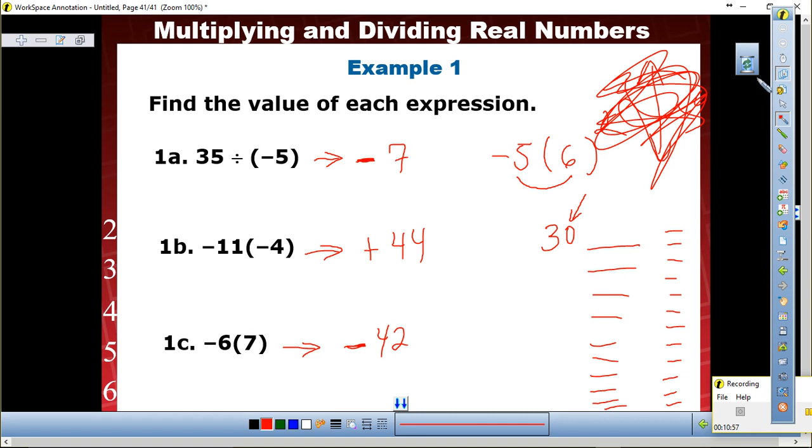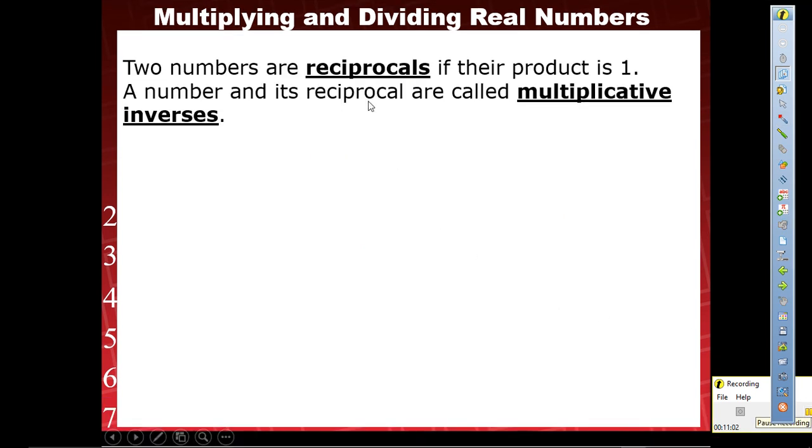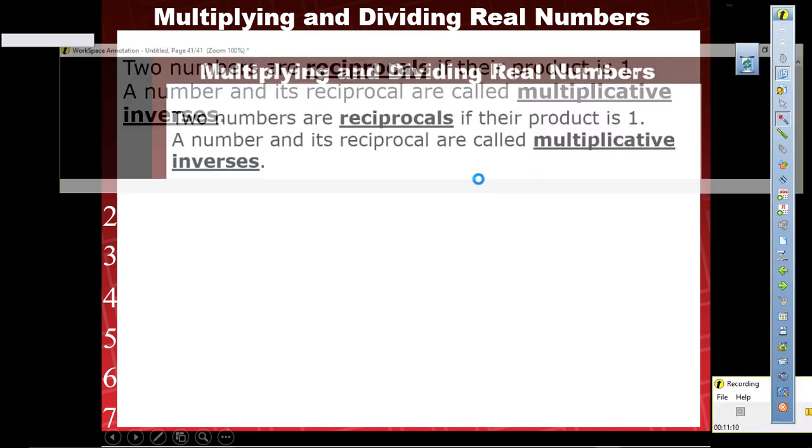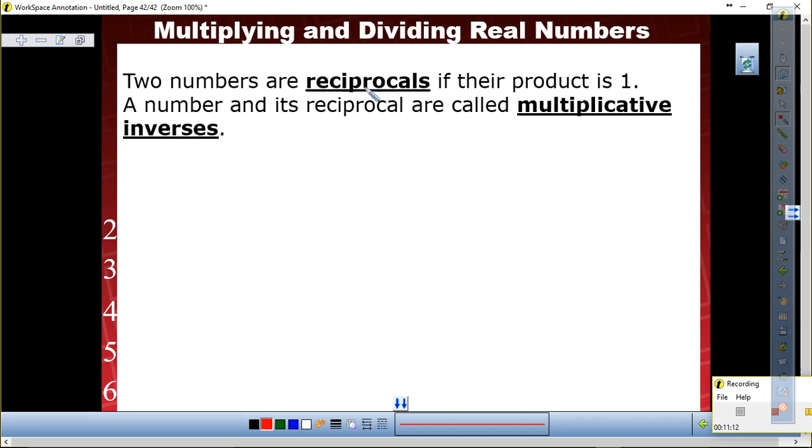All right. Next, let me go to this next thing. Give me a second. Reciprocals. Who remembers that word? Okay, some of us. For those that don't remember, it says two numbers are reciprocals if their product is 1. The word product is a result of a multiplication, yes? So watch.